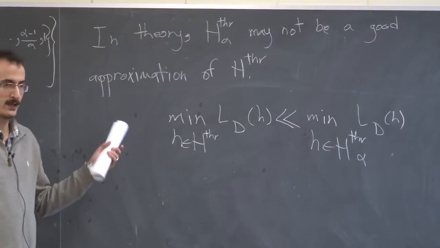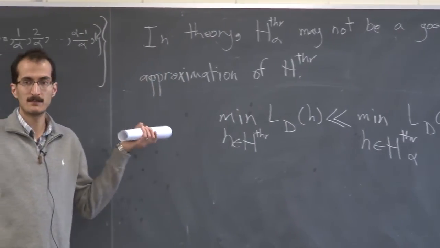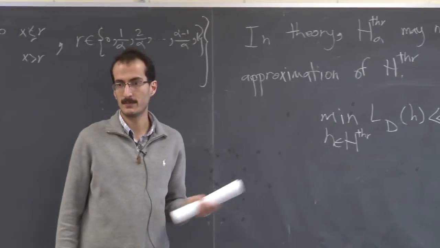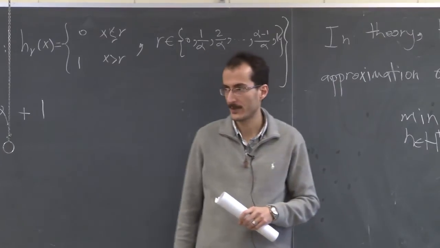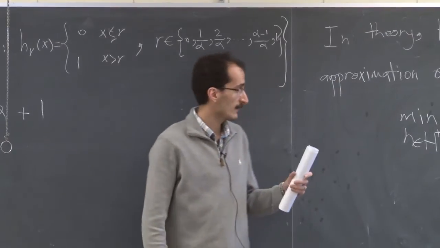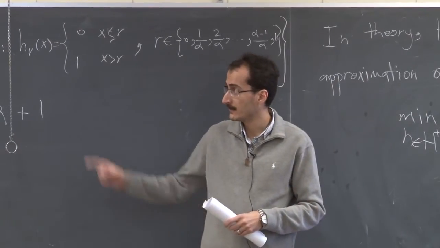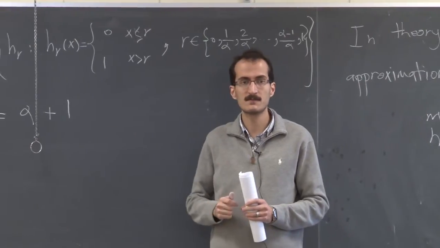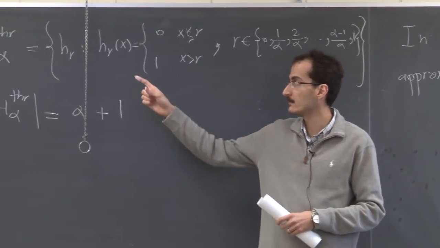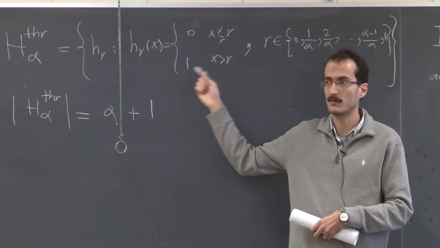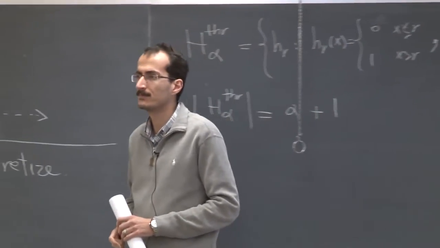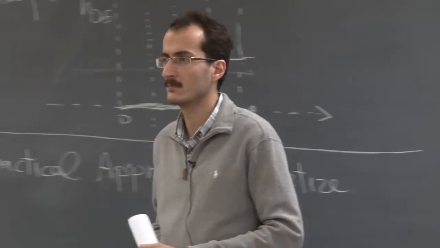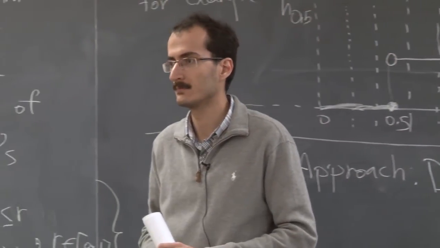Now, do you have any example where that might happen, where we have one classifier in the continuous version that we cannot find a good substitute for in our discretized version? Well, we can have h, for instance, to be 0 on all rationals and 1 on all irrationals.